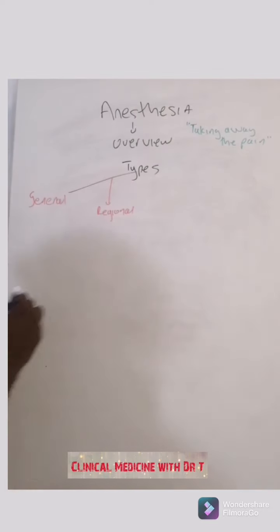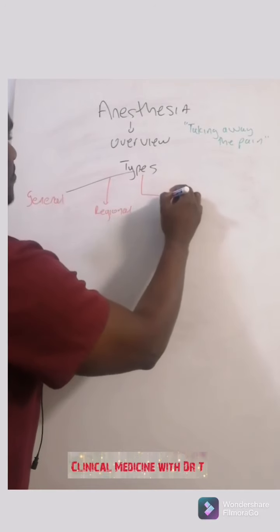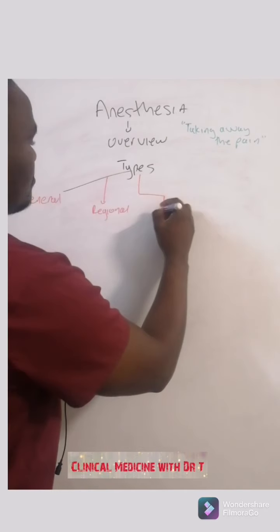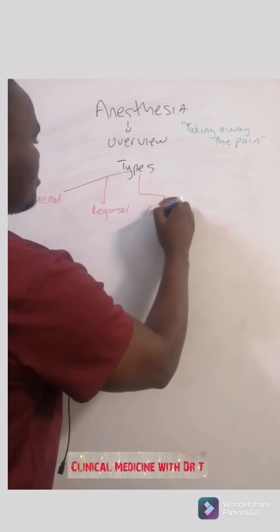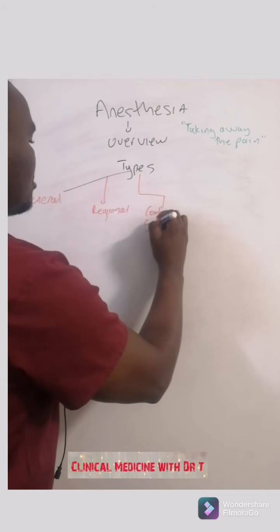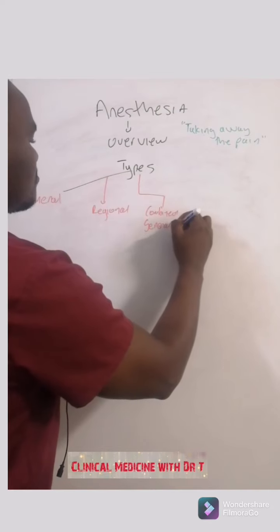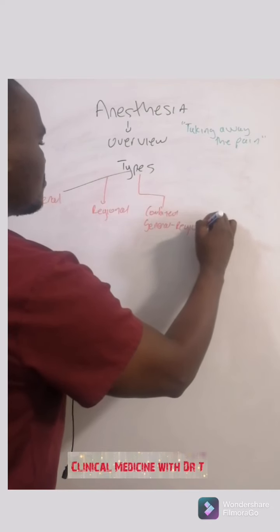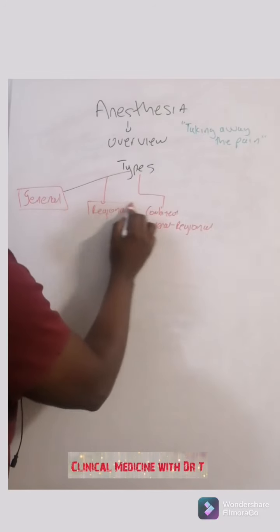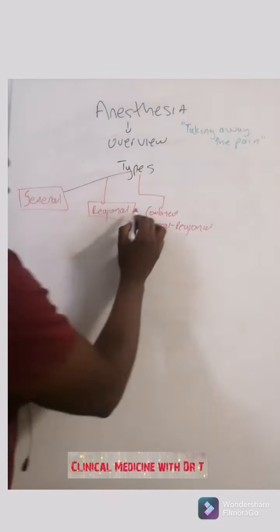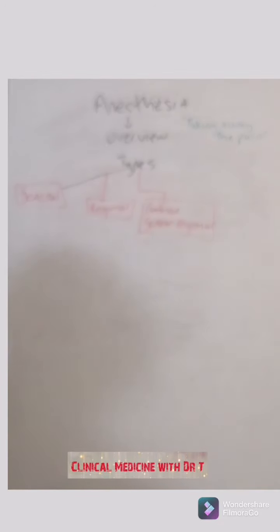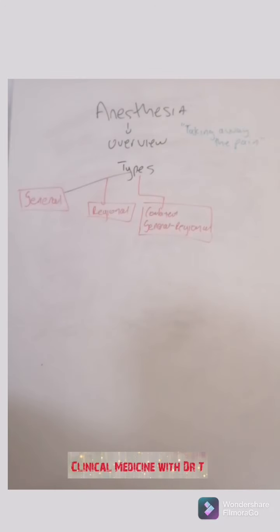We have a combination of these, combined general and regional. Right? We've got general anesthesia, we've got regional anesthesia, and we've got combined general and regional anesthesia.